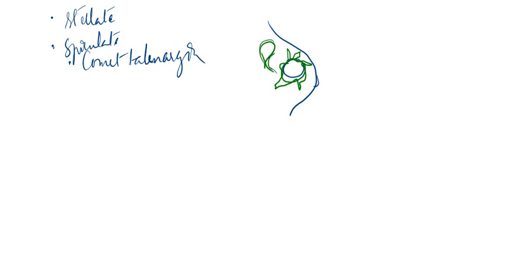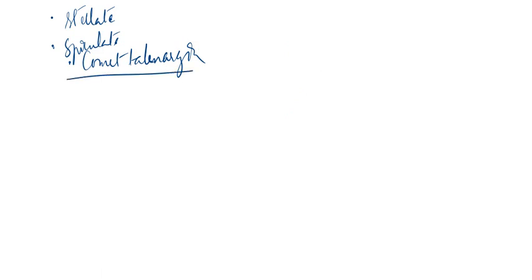Like this the tumor can be, or like this the malignancy can be. So those margins can be defined in some types: stellate, spiculate and comet tail margins.